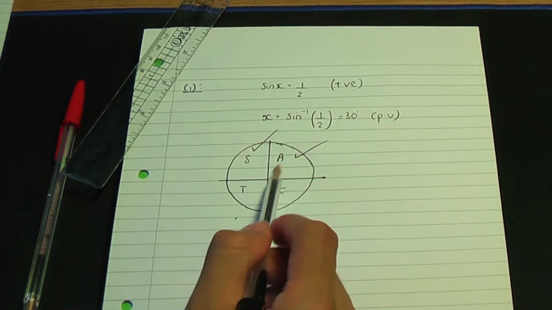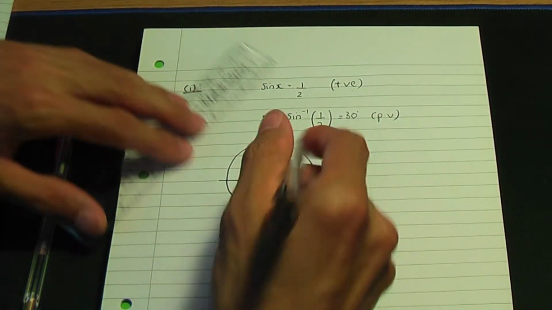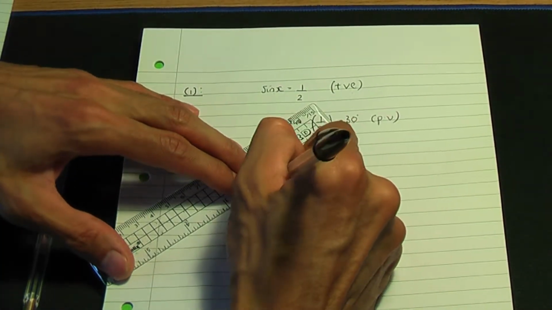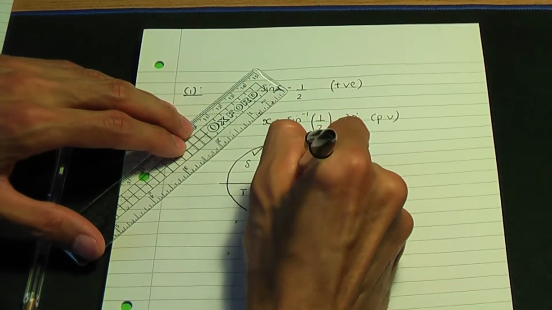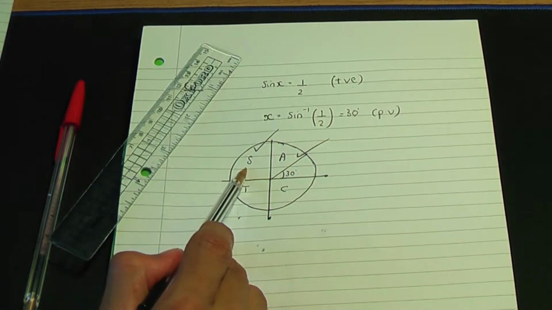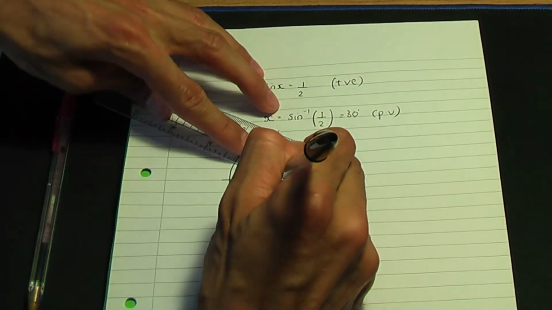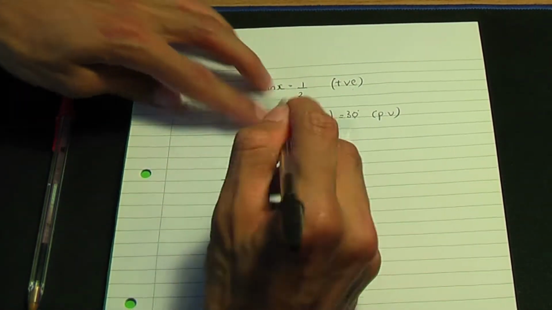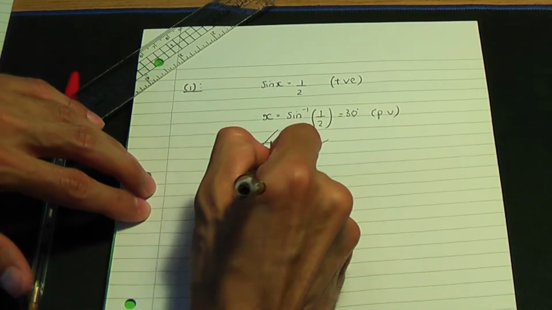So 30 degrees in quadrant number 1 from the horizontal, a rough indication here, and 30 degrees in the second quadrant from the horizontal, a rough representation, this angle here.